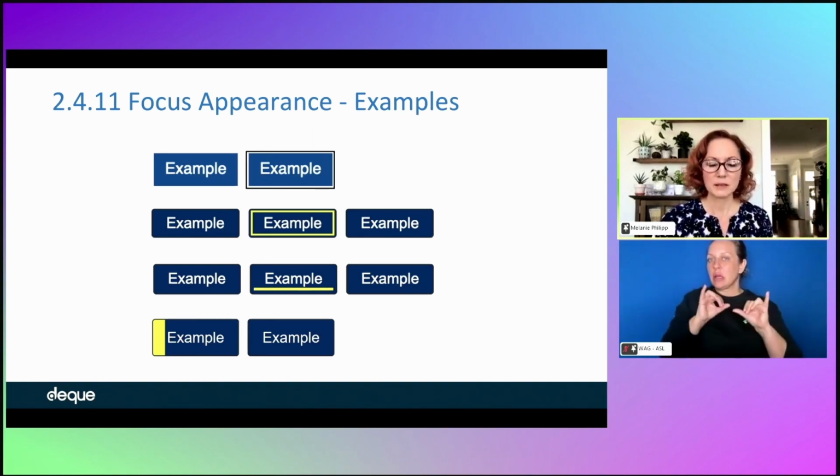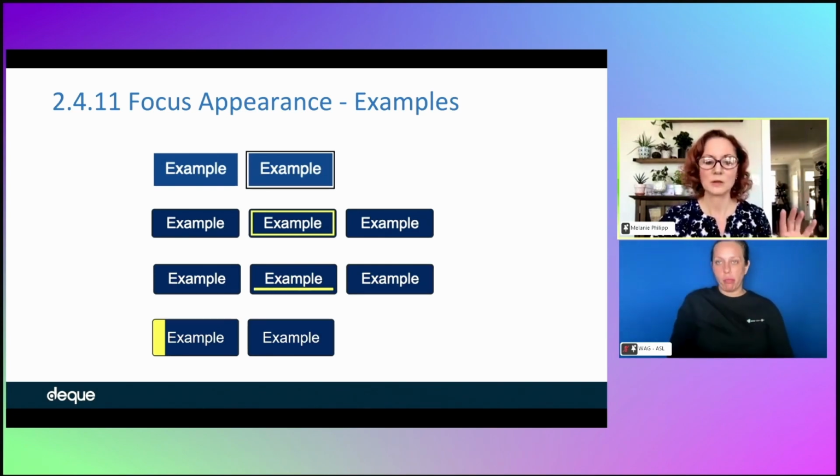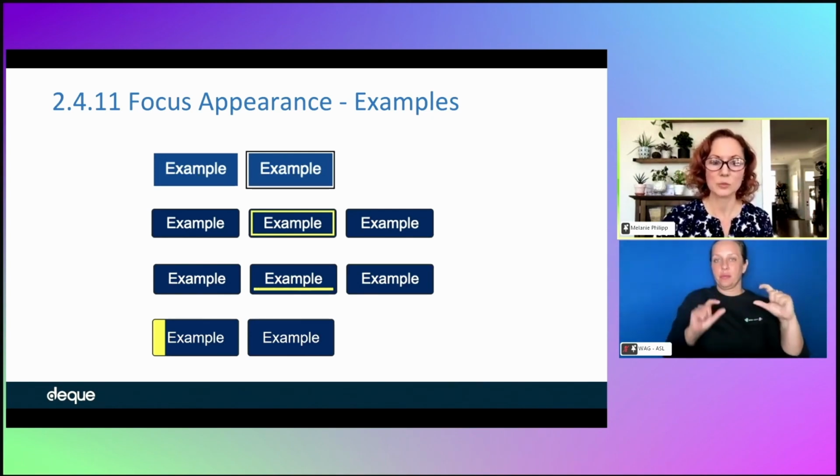And lastly, we have an example of a different approach for the focus indicator. We have the yellow indicator on the blue button, but this time it's all the way to the left side and is really thick. So all of these are simple examples of design solutions for focus appearance, but the understanding document provides many more examples of many more options and scenarios.